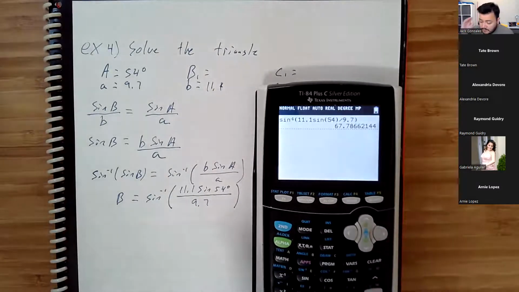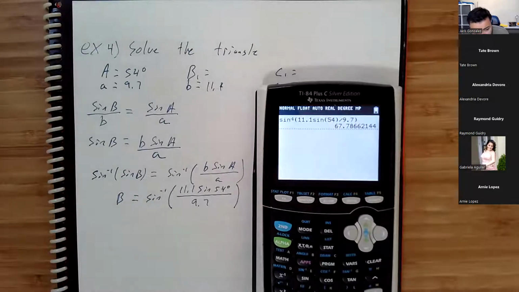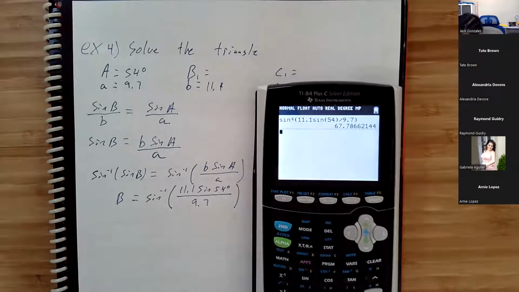So that'll be 67.78 degrees. So let's hold on a second. 11.4. Oh, put 0.1.